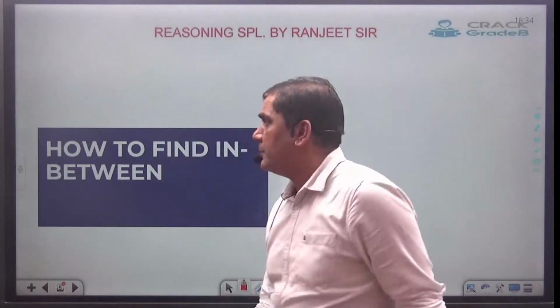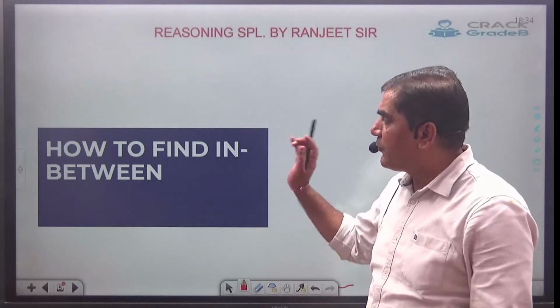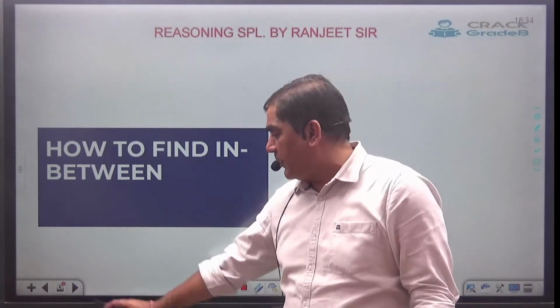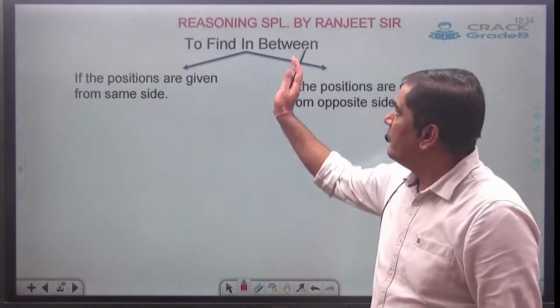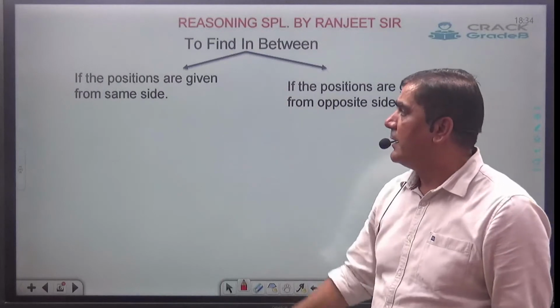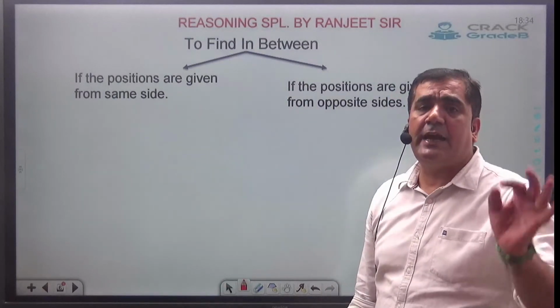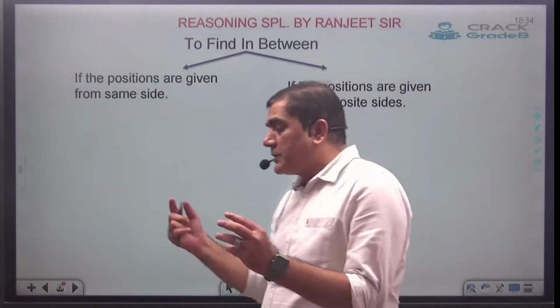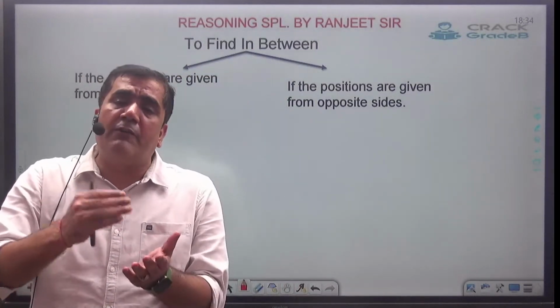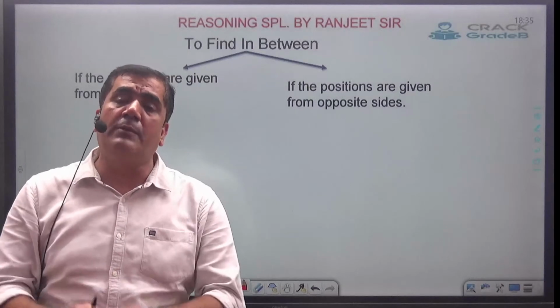So always remember, whenever we have to find in between, 2 types of problem are possible. Case number 1: the positions are given from the same side. The positions of both persons will be given from the same side, either both from left or both from right.